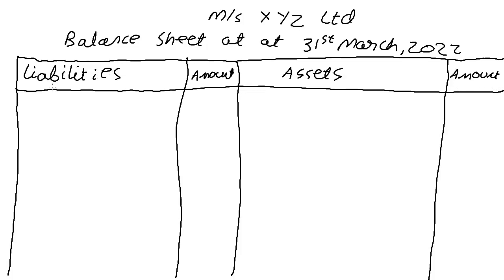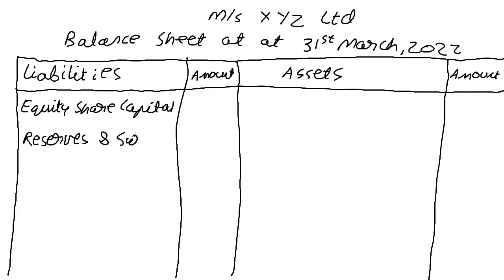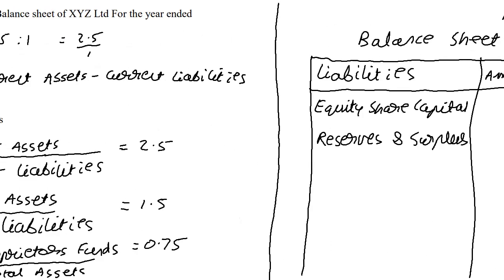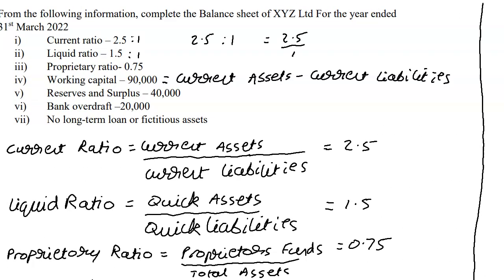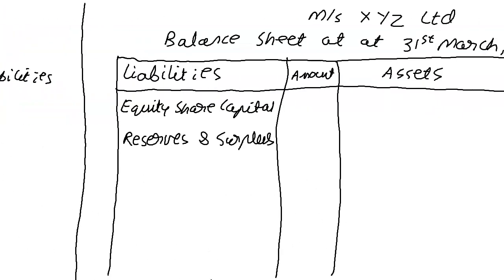Now, all sums should have equity share capital. Most sums will have reserves and surplus. Then you have borrowed funds. In this question they have told us that there's no long-term loan, so therefore we assume no borrowed funds. We've been given bank overdraft as 20,000. So reserves and surplus 40,000.